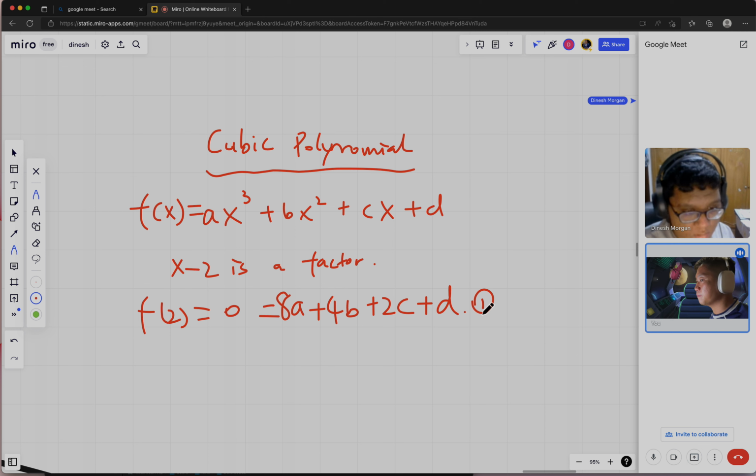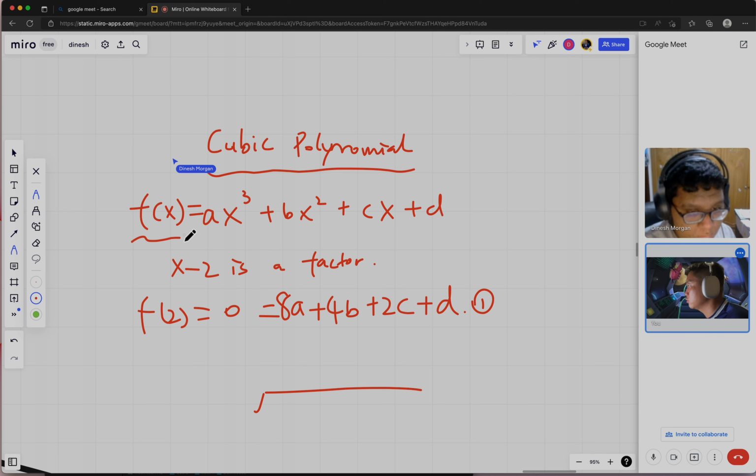Another way to do this is, of course, if you know your f(x), which is your function. Do you know the function? Okay, never mind. So basically, method one is the factor theorem.